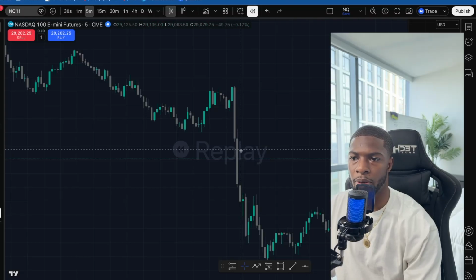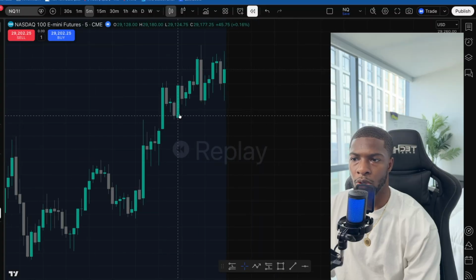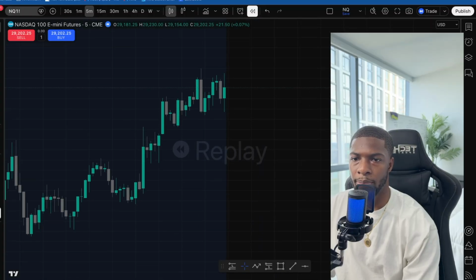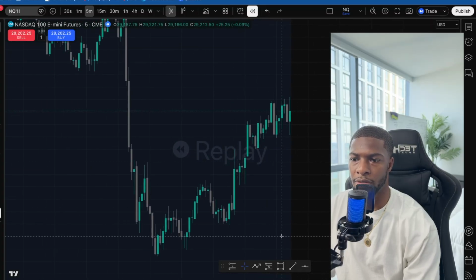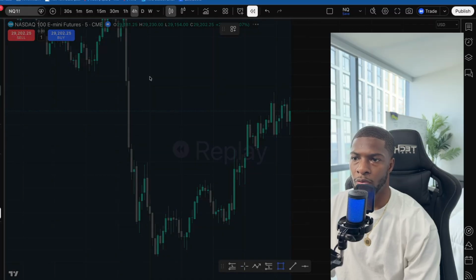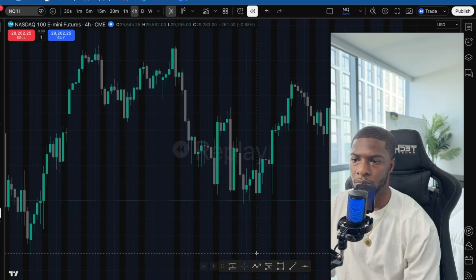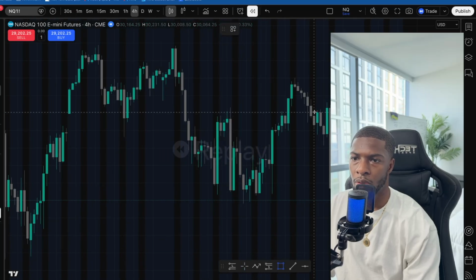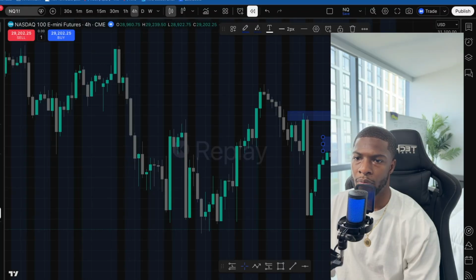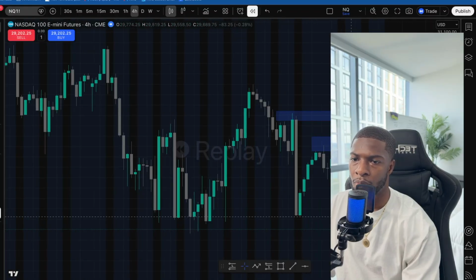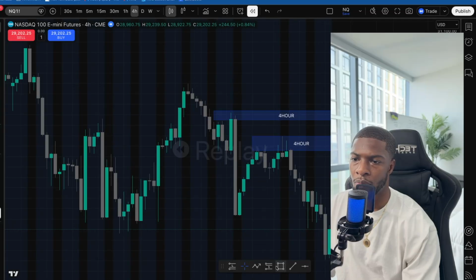Okay, here we are. We have the NASDAQ chart pulled up. So the first thing we're going to do is mark out our key levels, our areas of interest. So on the 4-hour, go here and mark out some of these key levels that we see. Most of these are swing highs and swing lows.